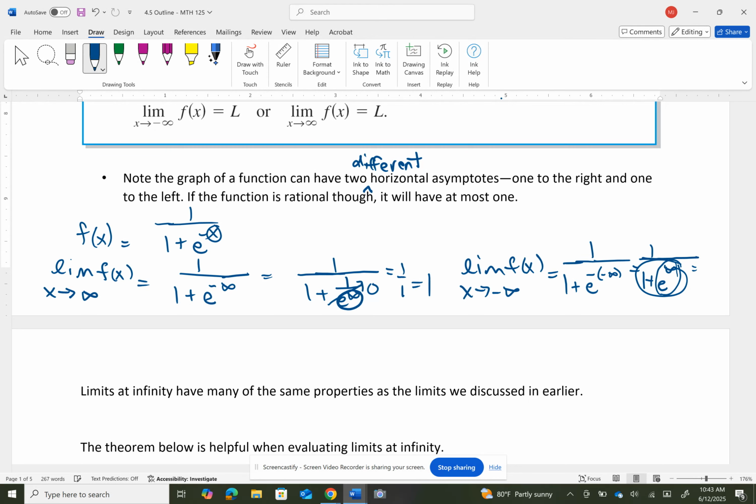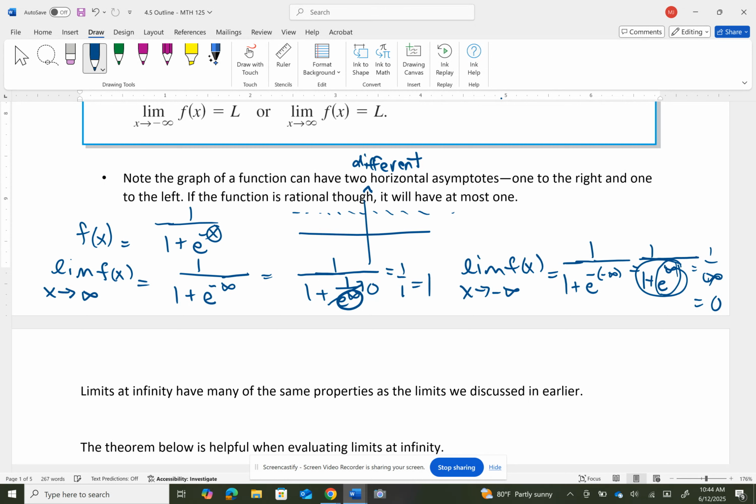So now you have a fixed number over infinity, and that would equal 0. So with this particular function, when you're headed to the right, the function is approaching 1, so it has a horizontal asymptote at 1. And when you're going towards negative infinity, it has a horizontal asymptote at 0.